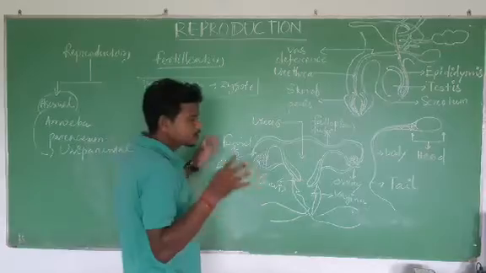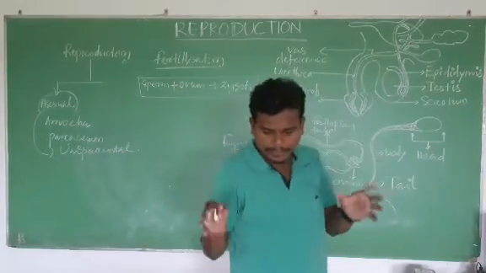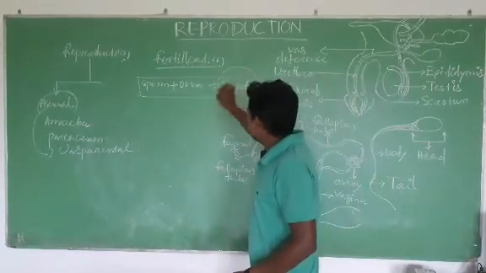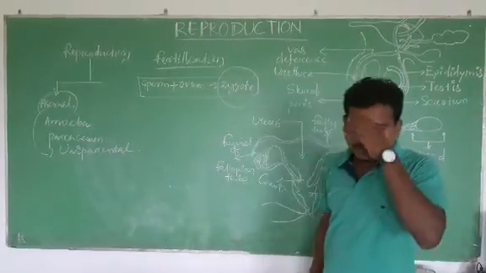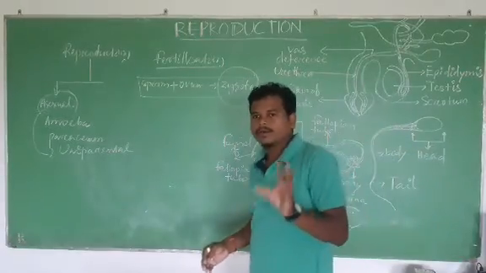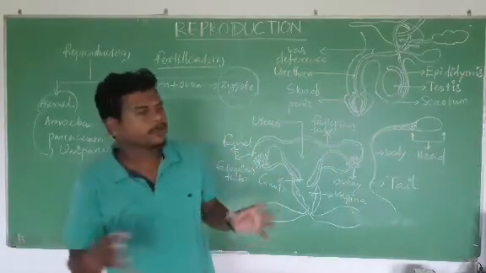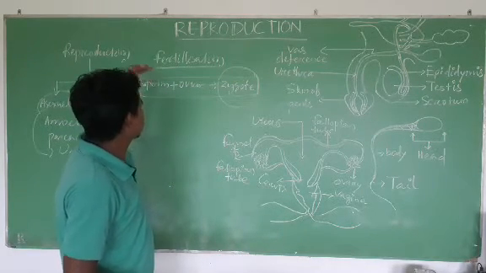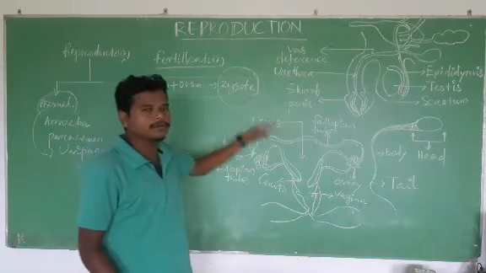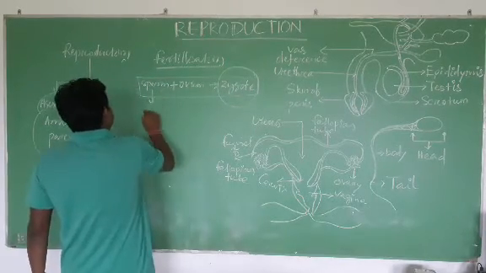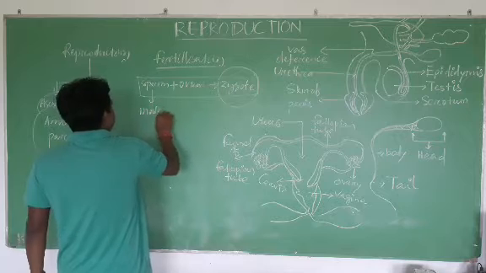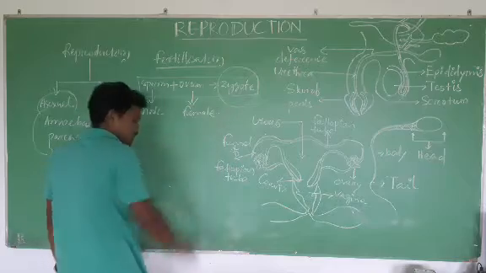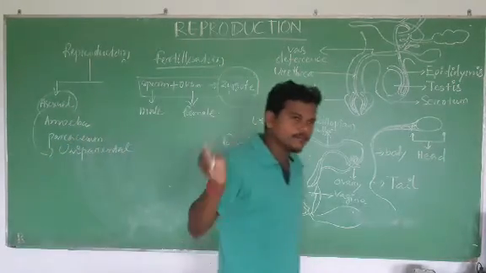So fertilization is simply the fusion of two different types of gametes. A zygote is a cell formed by the fusion of sperm and ovum. The sperm is the male reproductive cell, and this is the female reproductive cell. This is fertilization.